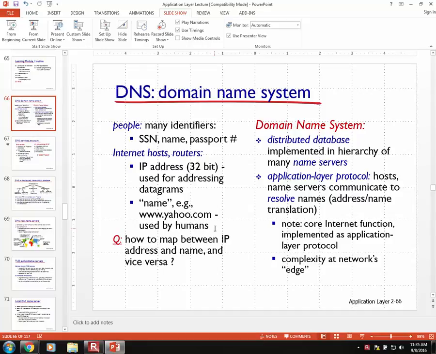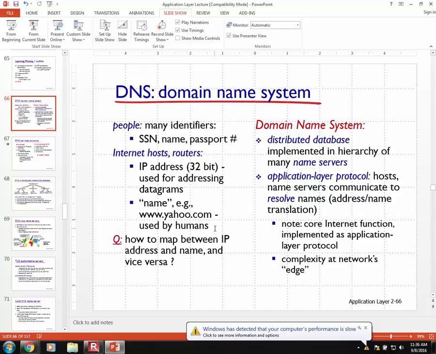A person is commonly identified by their name when talking with other humans, but there's usually some sort of ID number assigned to each one of us, whether it's a social security number or a passport number or what have you. And that concept is also true of internet hosts.